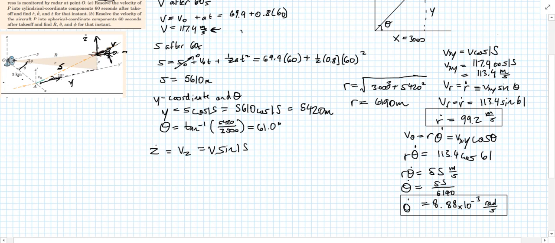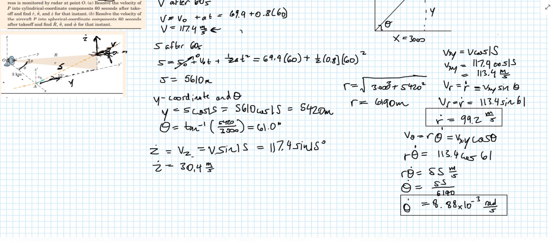So if we want to find the component of it facing upwards, we're going to multiply it by sine 15. So that's going to be 117.4 times sine of 15 degrees. So z dot is going to be 30.4 meters per second. Let me write that a little more clearly for you guys. So that is going to be equal to 30.4 meters per second.